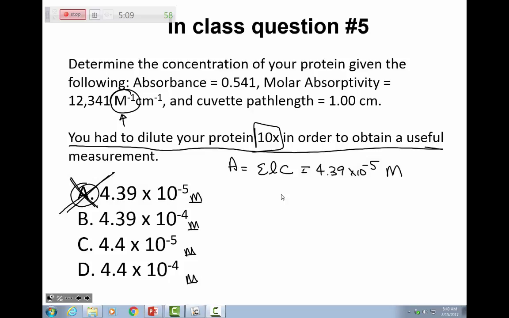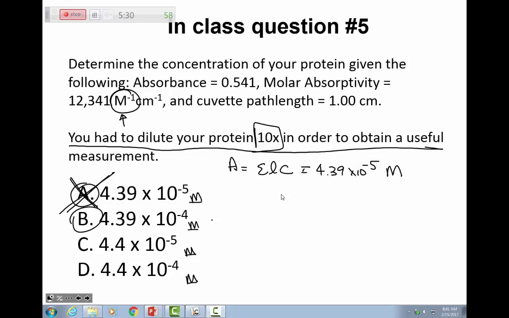And I don't care what I'm putting in the spec. I care about what's in my tube of protein. The only reason I had to dilute it is because I was not in the dynamic range. So do I divide by 10 or multiply? Multiply.